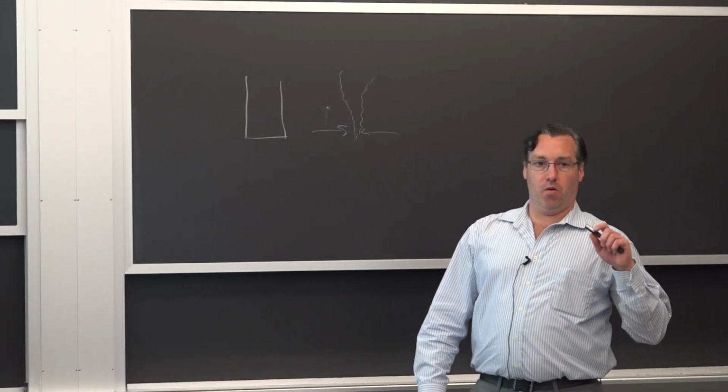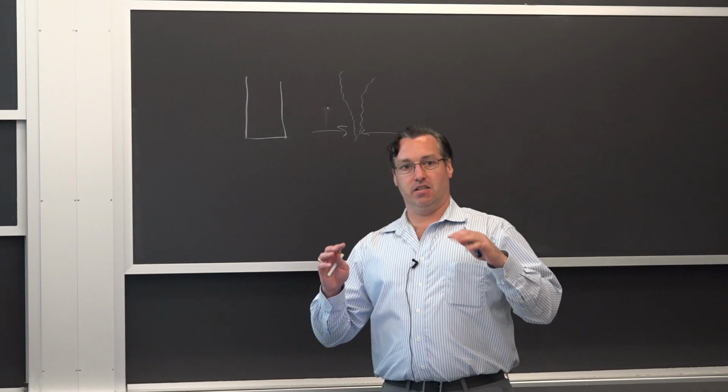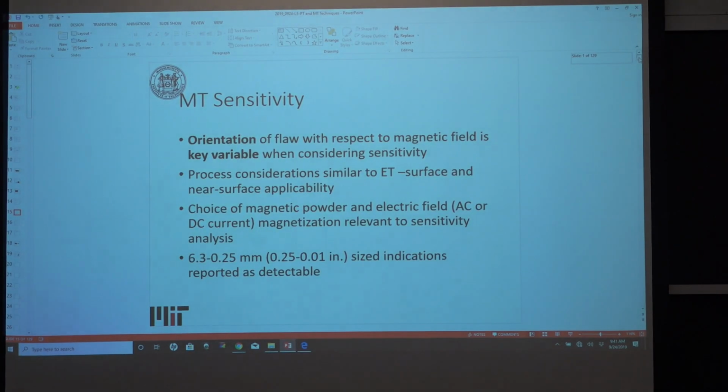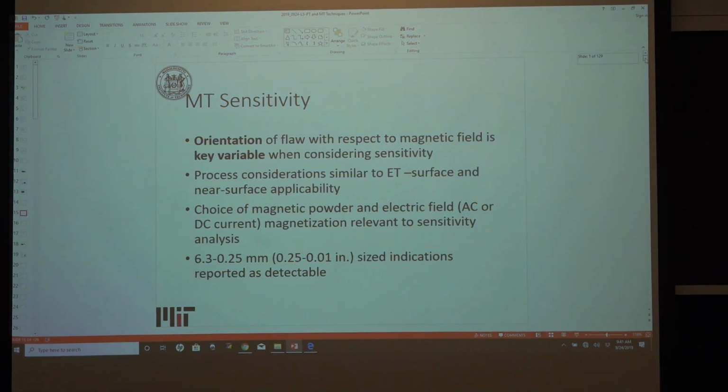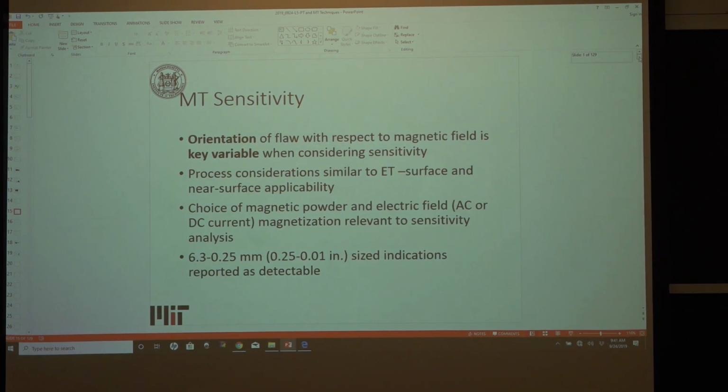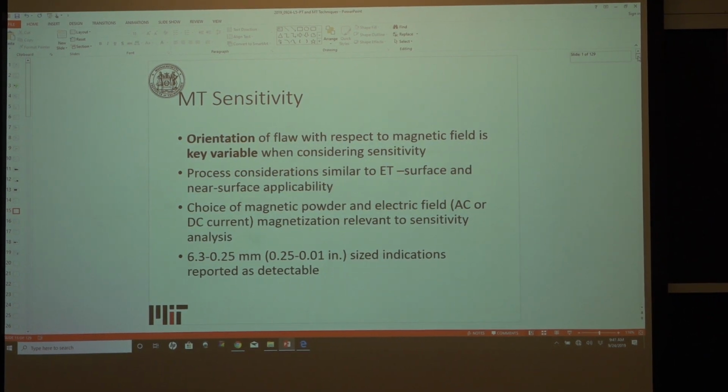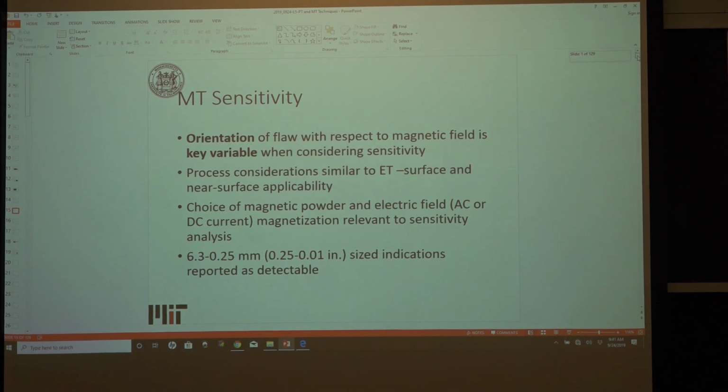Important to know when we're dealing with magnetization is, yesterday I put Maxwell's equations on the board and we talked about E&M principles and processes, Faraday's law, Ohm's law, things like that. When you have a sample that's being magnetized, you need to recognize that the orientation of the flaw with respect to the magnetic field is a very important variable.